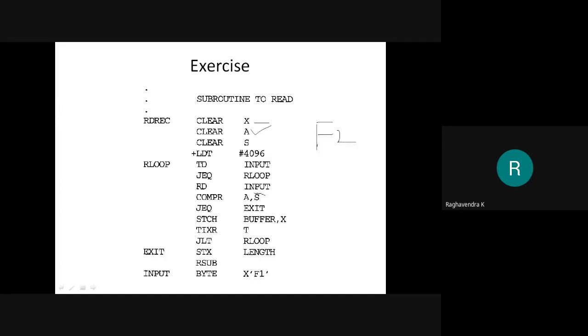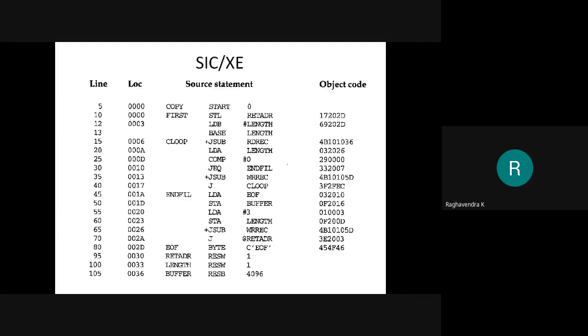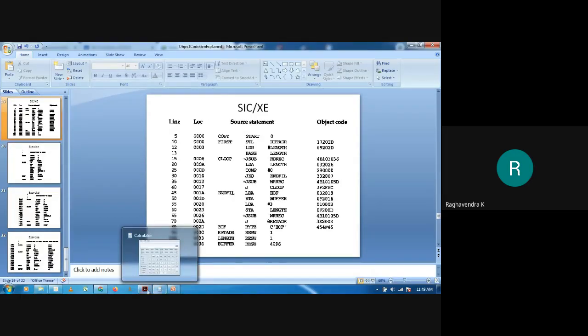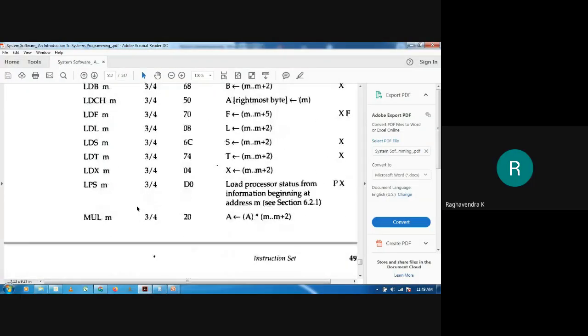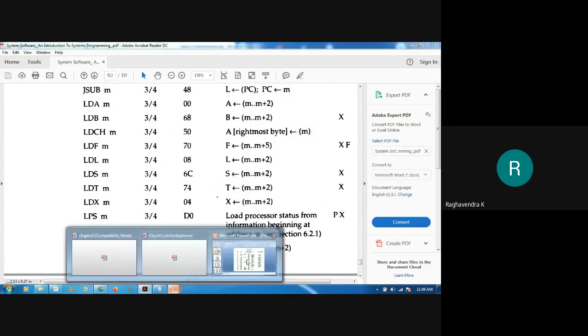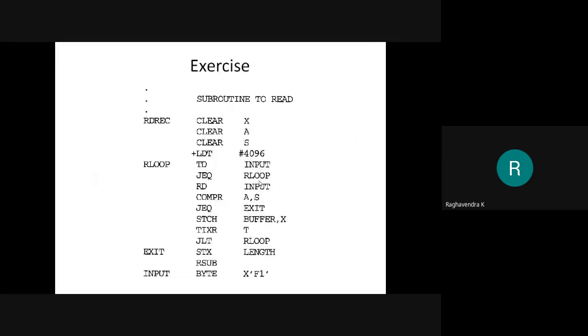There's one more here, compare A comma S. How do we do that? What is the value of compare? Let me check. Compare is A0... 38? Okay, so 38.